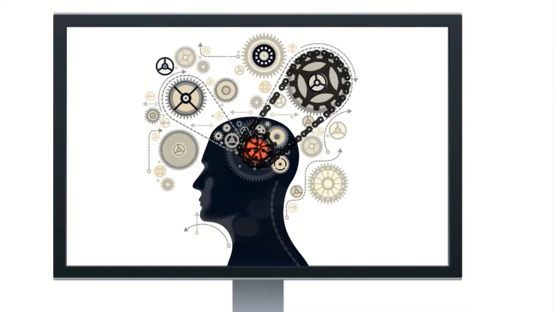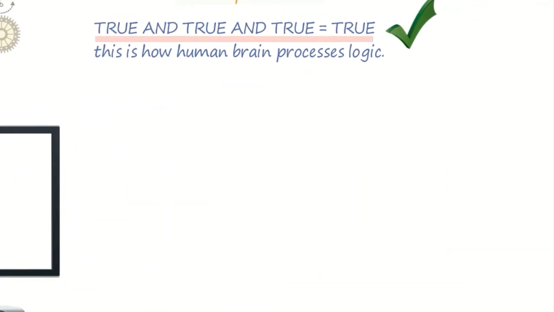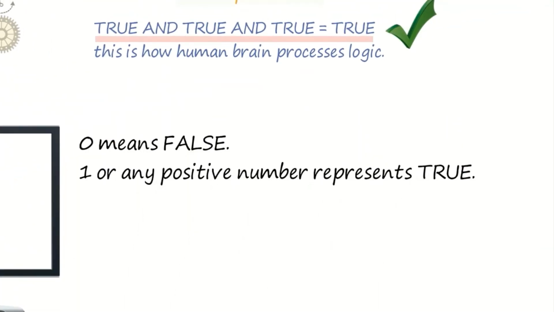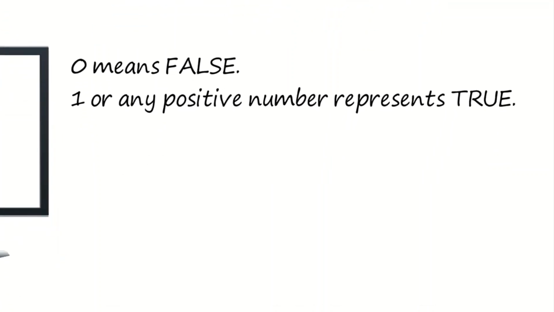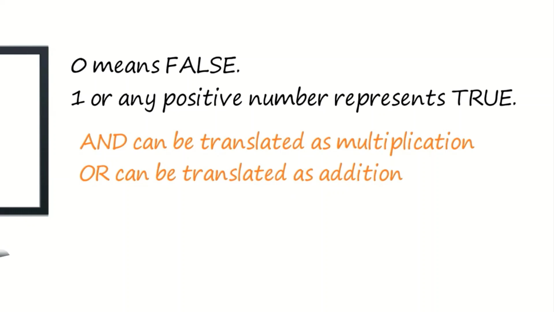However, for an AI machine to understand that, it needs to use some math, where 0 indicates false, 1 or any positive number indicates true, and indicates multiplication, or indicates addition. The computer uses a truth table as a tool to figure out whether propositions are true or false.